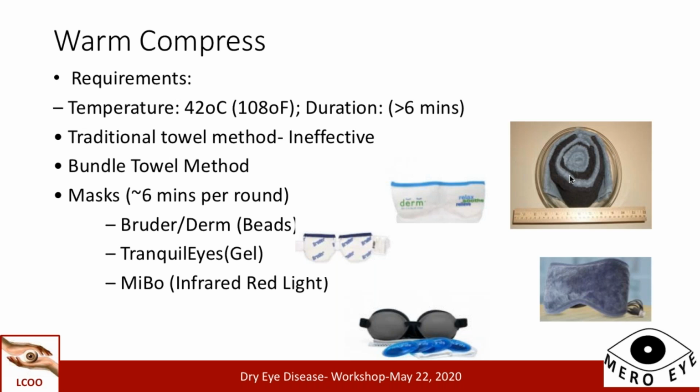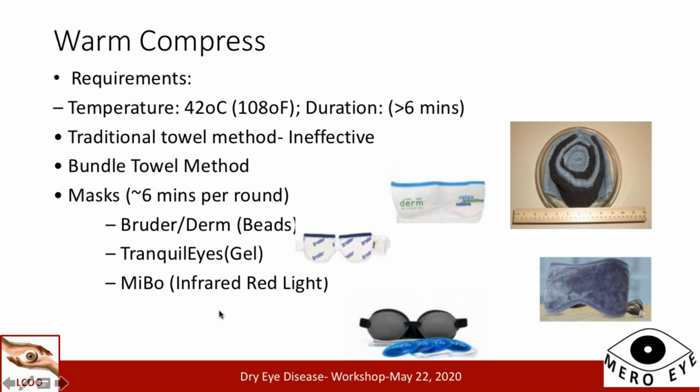Then take it out and start peeling one towel at a time from the outside and placing it on the eye for 1 minute. So if you have 10 towels, starting from the outermost going to the innermost towel, you will do it for 10 minutes with adequate heat. So you can do a bundle towel method.